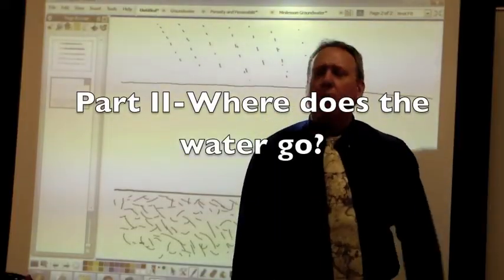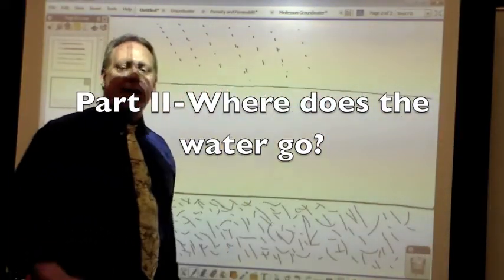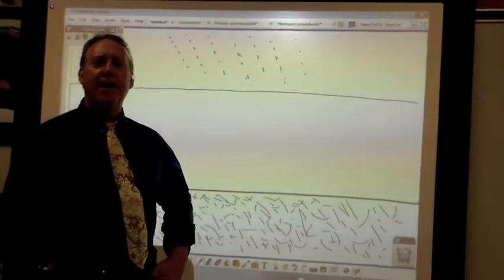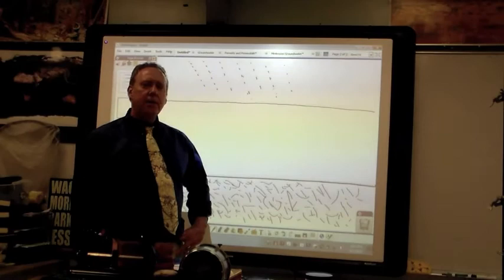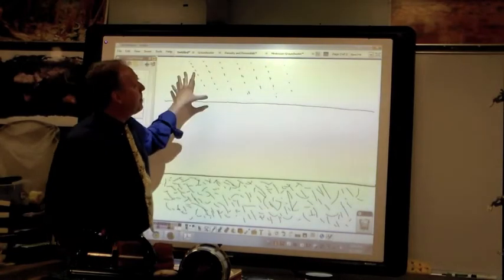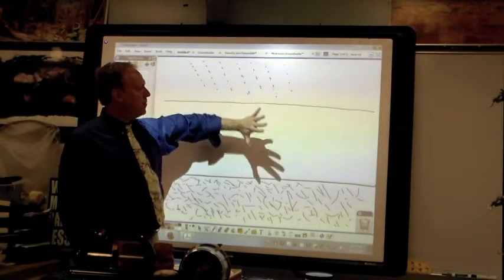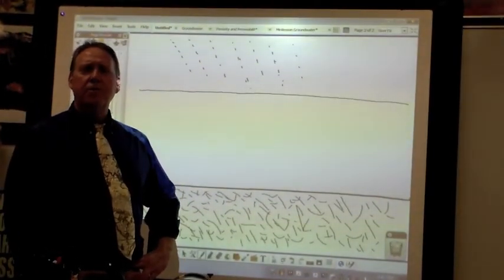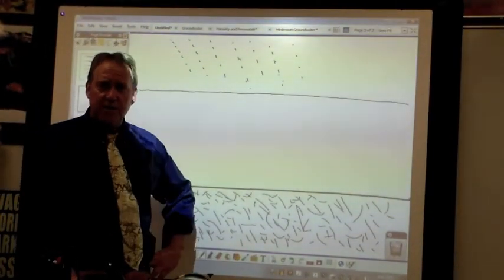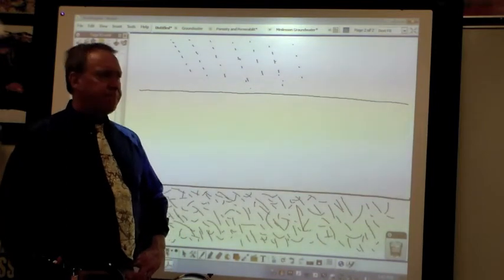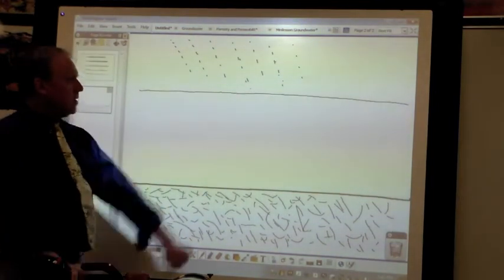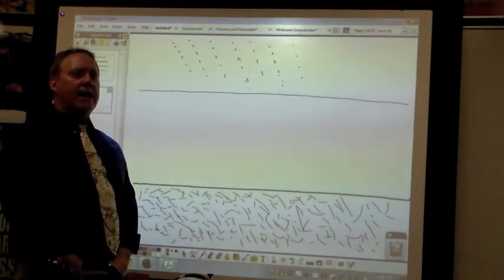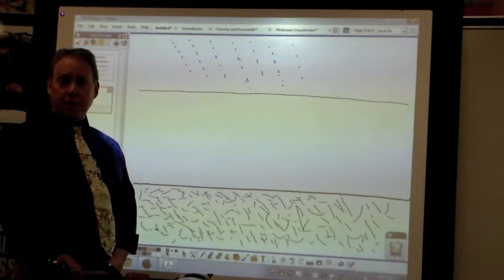Okay, everyone, now we're going to take a look at what's going on down there beneath our feet, and what porosity and permeability have to do with it. Let's look at what happens when we have water and all the material beneath our feet: the soil, the particles, the regolith, as it's sometimes called by scientists, the sediment. There are 4 or 5 things that can happen to rainwater that falls upon the land.